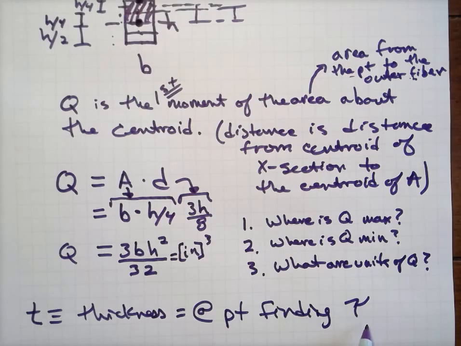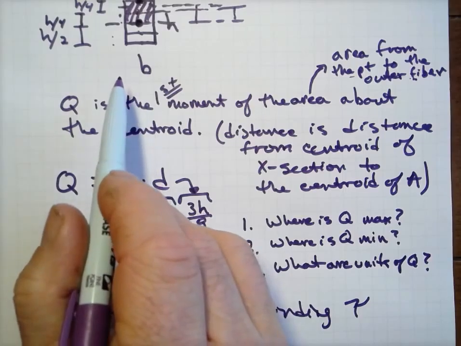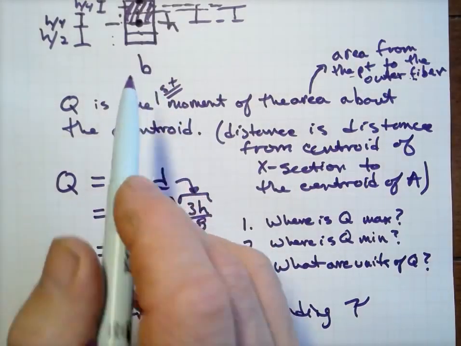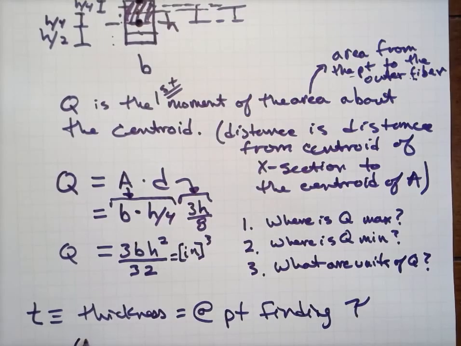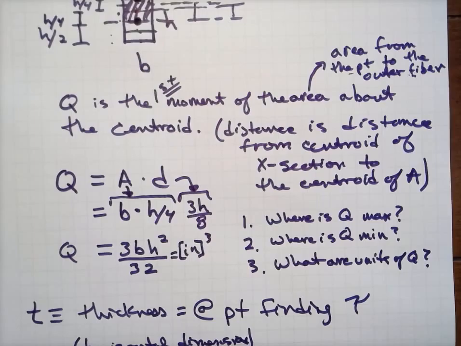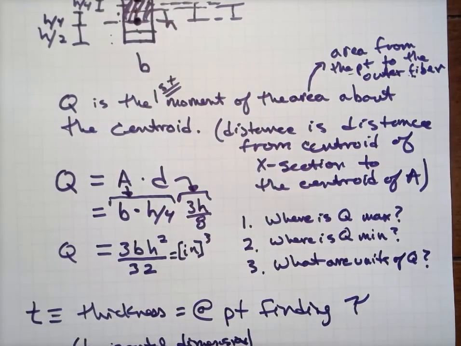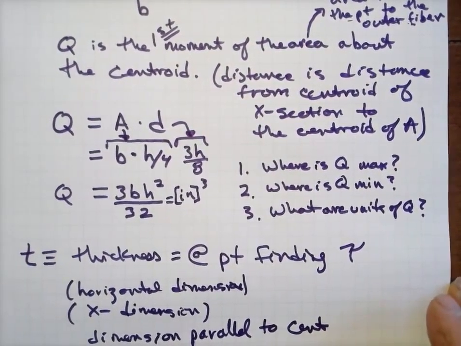At the point where we want to find the shear stress, T is just the x dimension, the horizontal dimension, or maybe the dimension parallel to the centroidal axis.